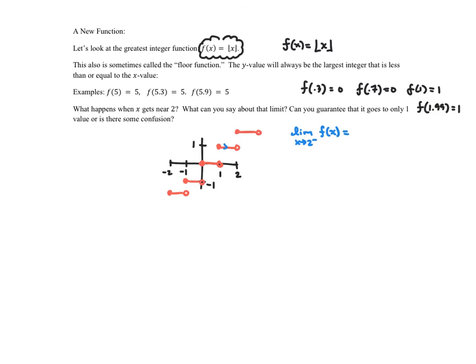Well, as we approach from the left, looks like it equals 1. As we approach from the right, that limit will equal 2. So the limit will never exist at any integer value. Now the limit will exist between integer values, but not at any integer value on the greatest integer function.